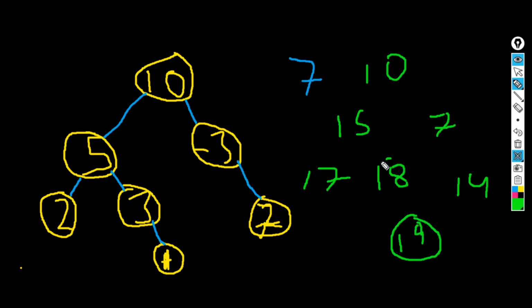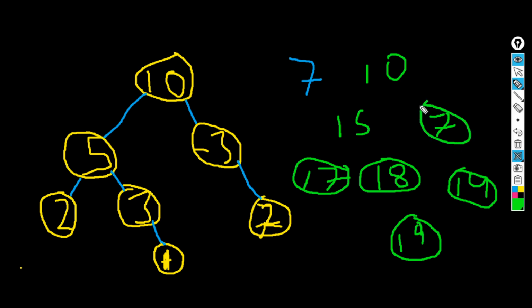Okay, let's make some circles for the nodes. So this is the tree which we are going to make in this part. This is our tree which will be very useful in explaining.